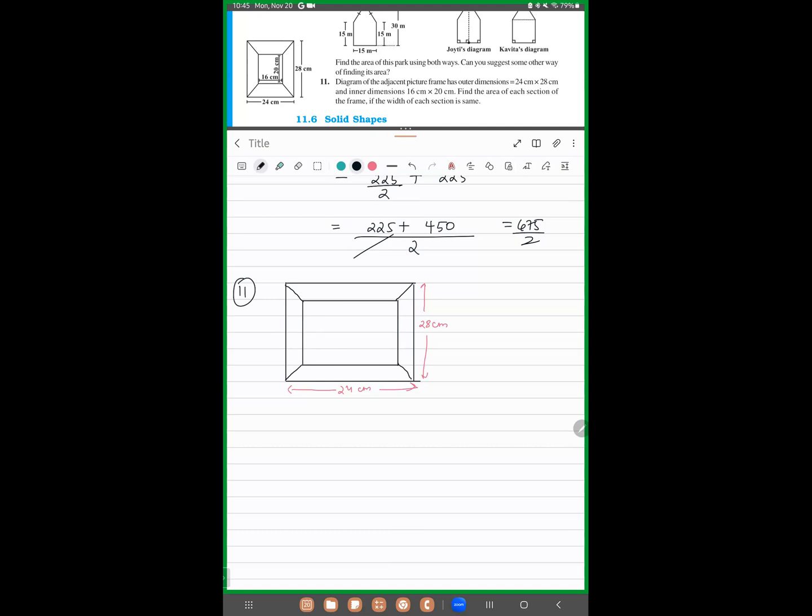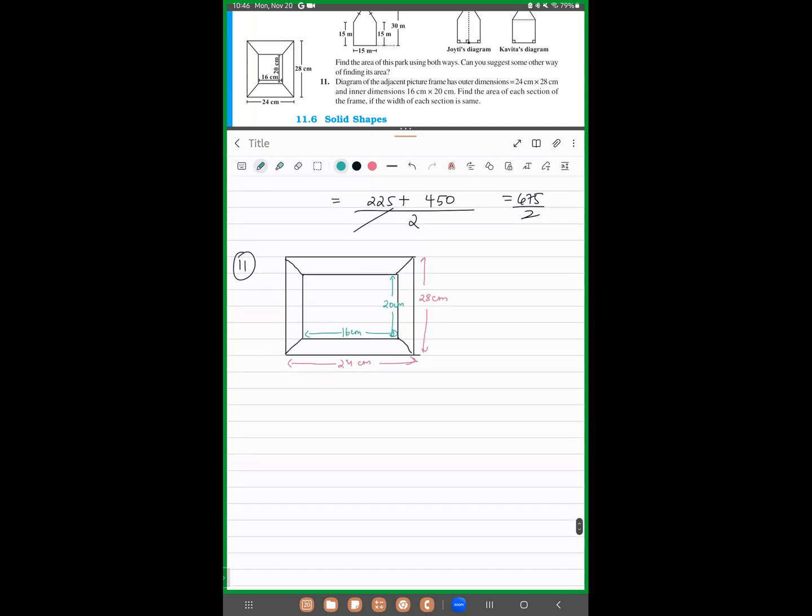So from here to here it's 20. And from here to here it's 16. Find the area of each section of the frame if the width of each section is the same. So each section means this portion.